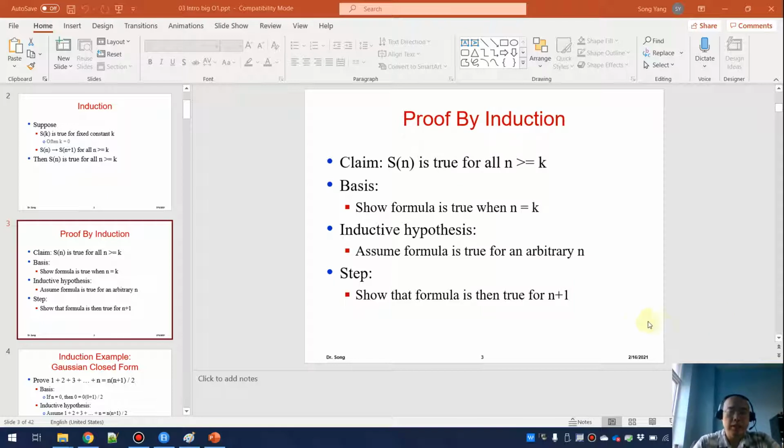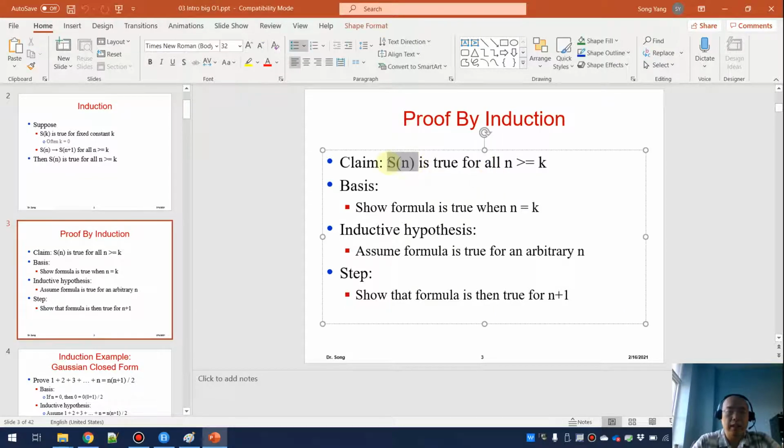For induction, we are trying to prove that a statement is true for n values greater or equal to k. There are three major steps. Number one, the basis. For the basis, you want to prove that for the value k, this statement S is true. The second part is the inductive hypothesis.